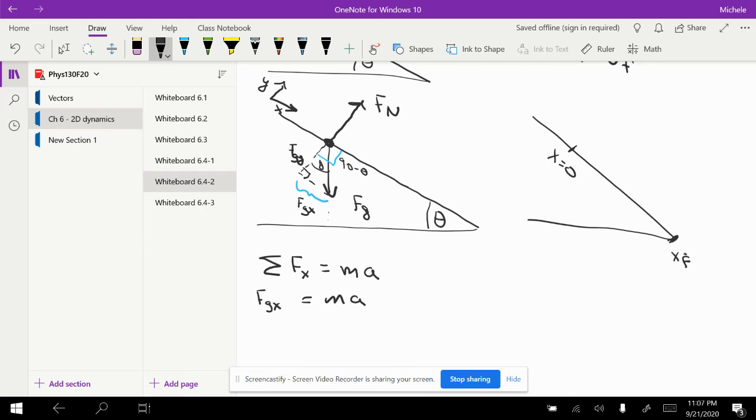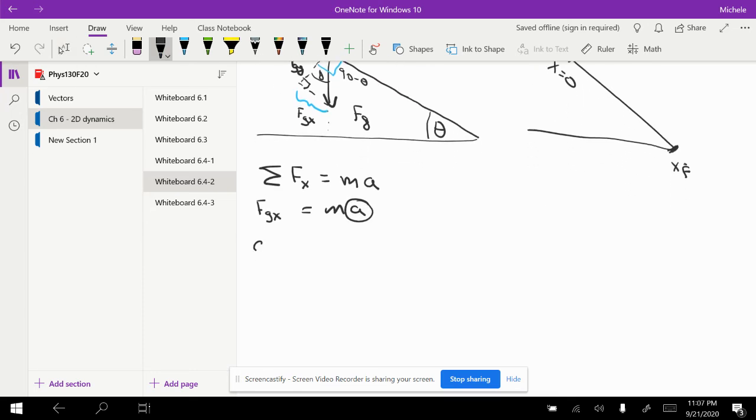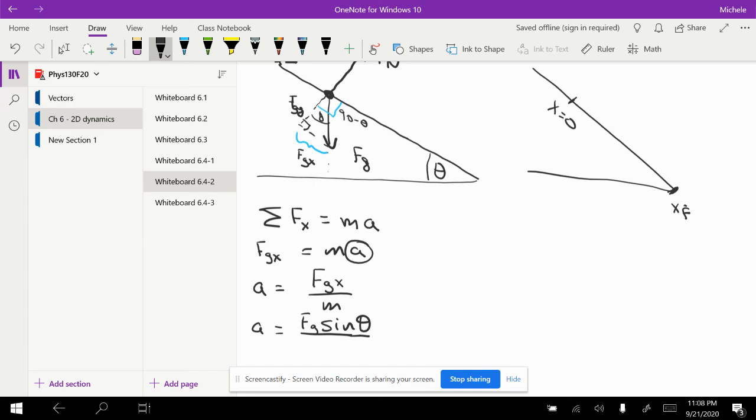I'm looking for the final velocity, so I'm going to need to figure out a. So a is equal to Fgx divided by m. I divide by m on both sides to get a alone, and I plug in for Fgx, which is Fg sine theta. Why sine? Because this part of Fg is opposite the angle, and when the side is opposite the angle, I use sine.